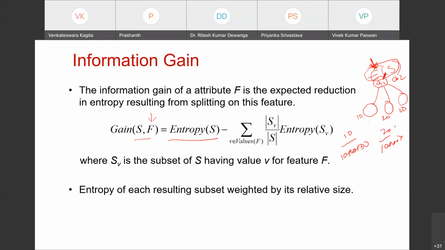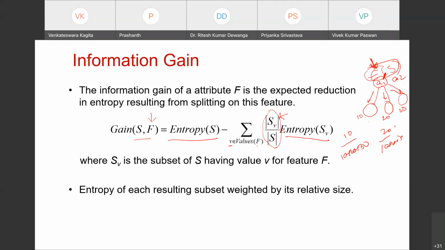Then you measure the entropy with respect to each and every possible value of F. This is one possible value, you measure the entropy of S_v; this is another, you measure the entropy; and so on. Multiply each with its corresponding fraction: the number of instances belonging to that value divided by the total number of instances.